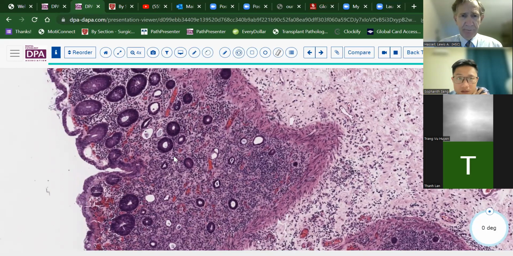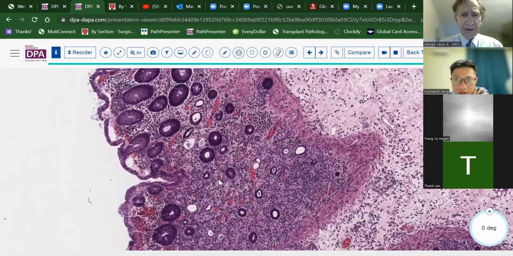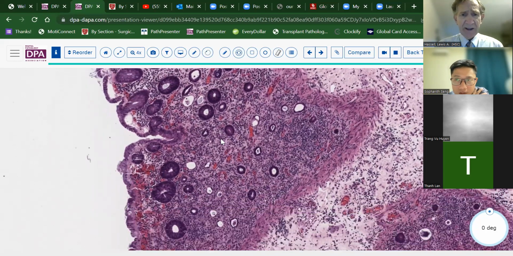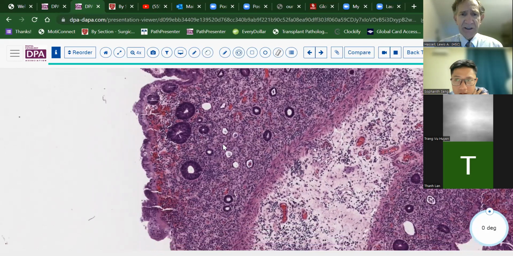Most often they mimic microscopic colitis, but they really can take a variety of forms as well. And this patient was in fact not on any of those checkpoint inhibitors. So we can sort of cross that off the list.